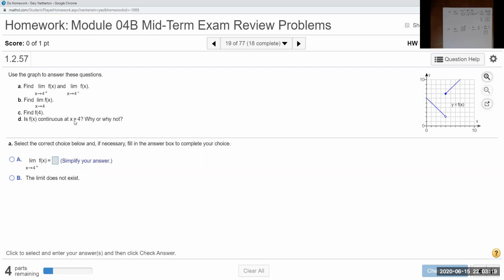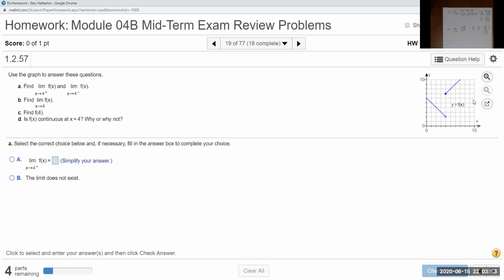Theoretically, the way you check for continuity mathematically is you determine the limit of the function at that point. You determine the actual value of the function at that point. And if those two things are the same, then you say it's continuous. So basically, you're comparing the value when x approaches a number, and then you're checking the actual number itself.